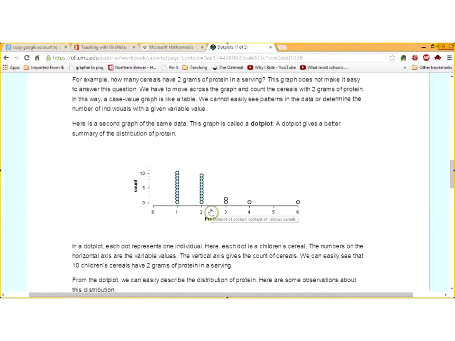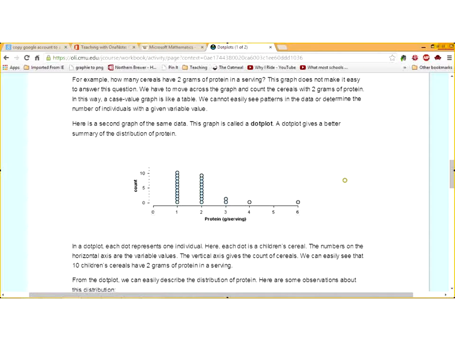You can see most of the cereals that we looked at have only 1 or 2 grams of protein. There's only 4 cereals with more than 2 grams of protein, and even then it's just 3 or 4, except for one kind of outlier. This value here, the 6, we might call that an outlier because it's very far away from where most cereals are.